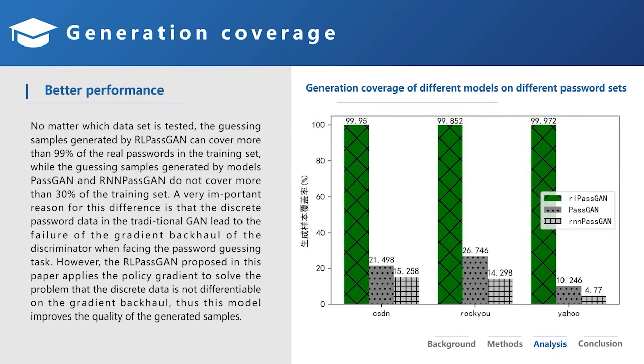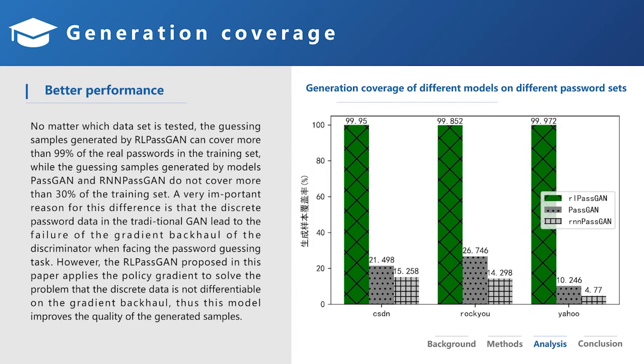As shown in the picture, no matter which dataset is tested, the guessing samples generated by RLPassGAN can cover more than 99% of the real passwords in the training set, while the guessing samples generated by the models PassGAN and the other baseline don't cover more than 13% of the training set.